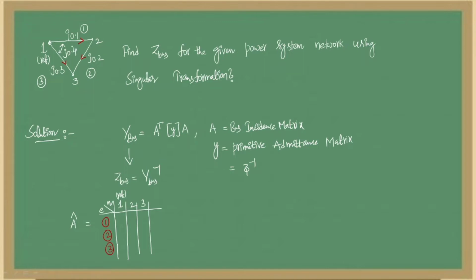For the first node, the first element is moving away, so I can consider +1. And for the first node, how is the second element? There is no incidence between the second element and the first node, hence you can consider it as 0.